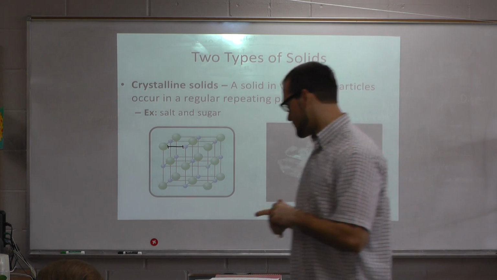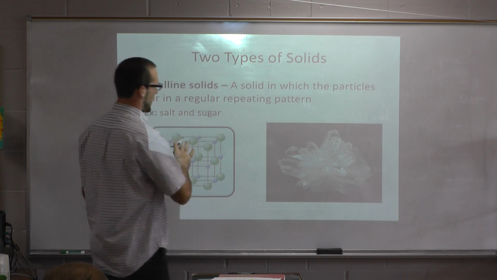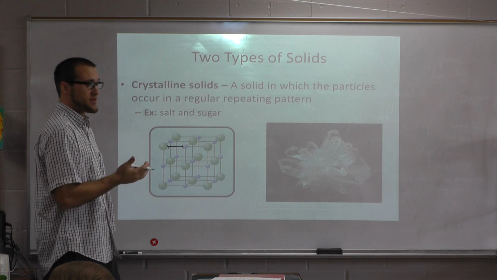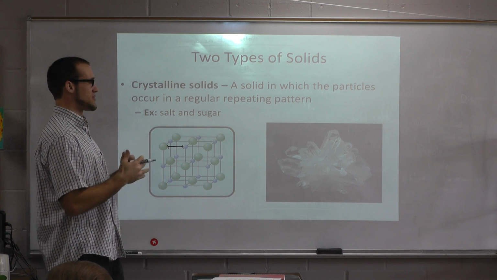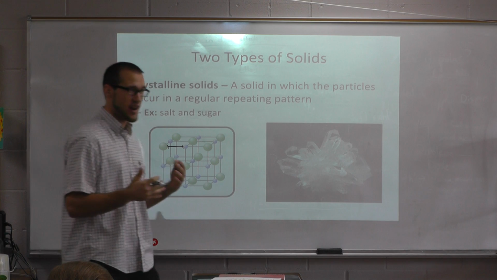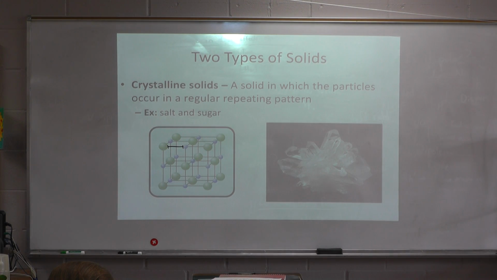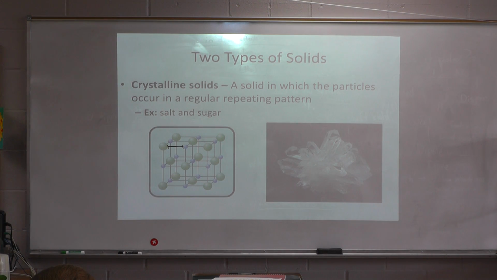Now, it's not just ionic that forms these nice crystalline solids. If you have a covalent substance that forms a solid that has a nice repeatable pattern and all the bond lengths and bond strengths the same, it's a crystalline solid. There are a lot of different structures within a crystalline solid, but a very repeatable pattern.